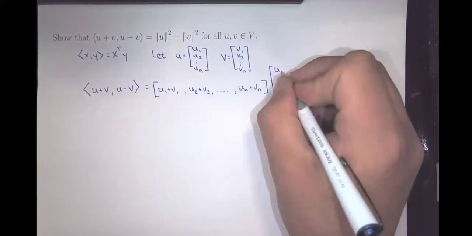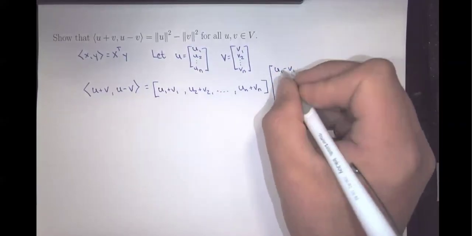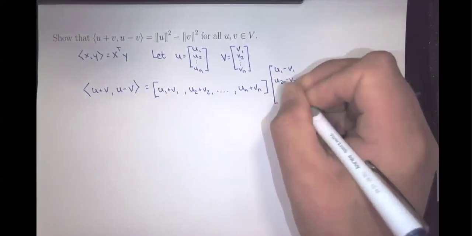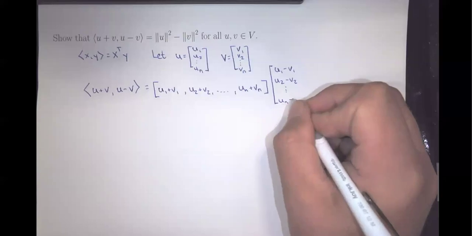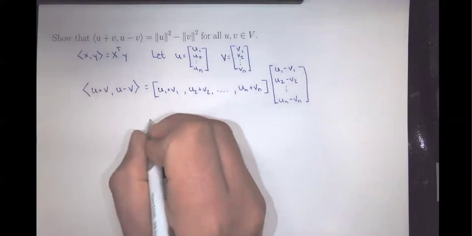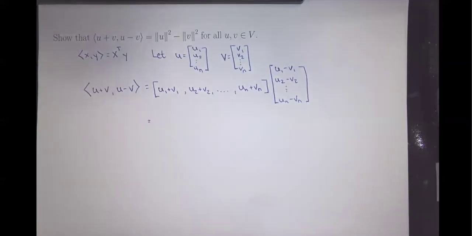So this is u1 minus v1, u2 minus v2, etc., all the way to un minus vn. So now when we multiply these, what do we get?